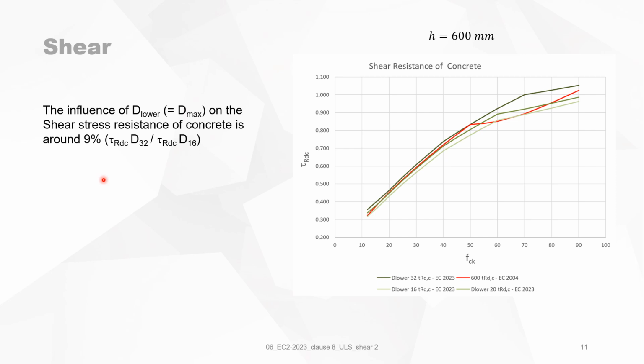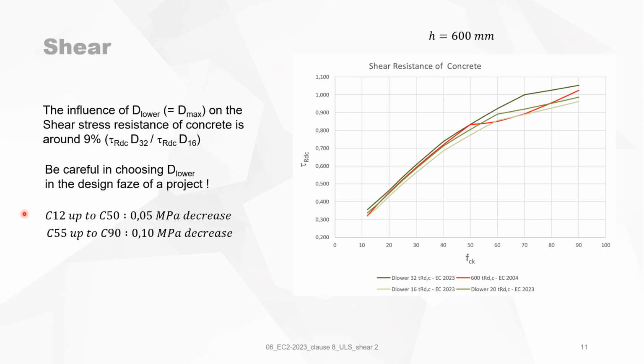So the choice of d lower between 16 and 32 gives you 10% less or more capacity. So this is significant, and that's why you should be careful in choosing d lower in the design phase of a project. So when d lower is not exactly known, you must be very careful.